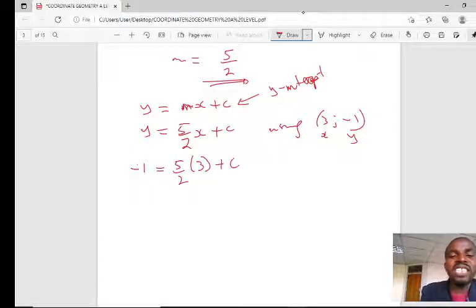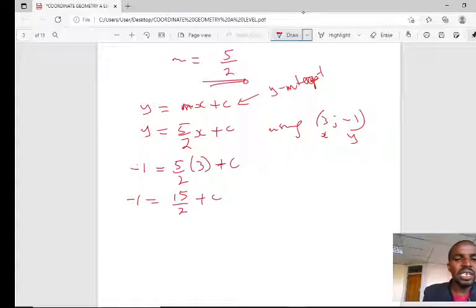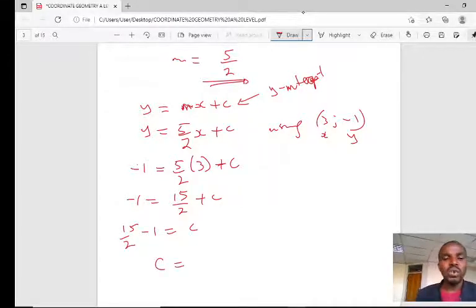So that's how you find the value of c. Then you simplify. Minus 1 equals 15 over 2 plus c. After that, 15 over 2 minus 1 equals c. Use your calculator: 15 over 2, then minus 1.